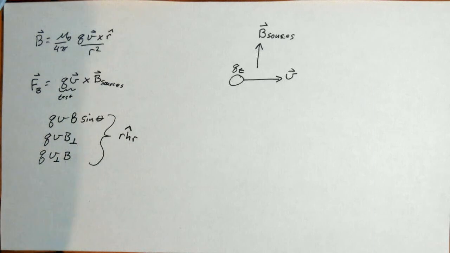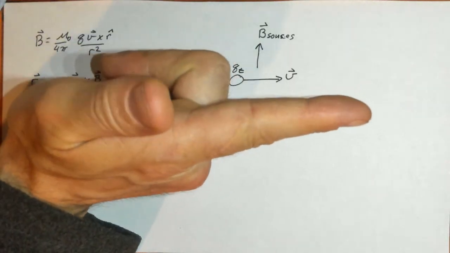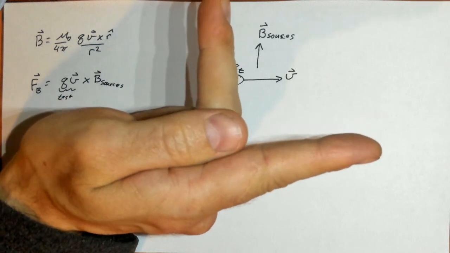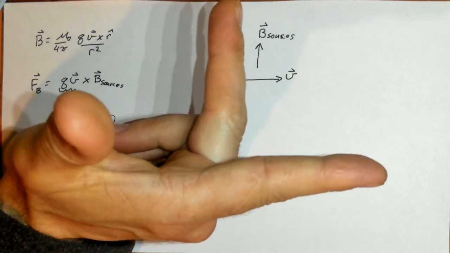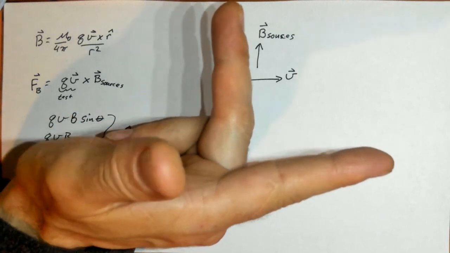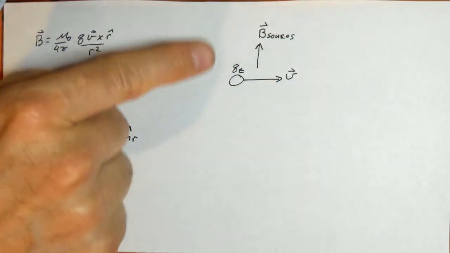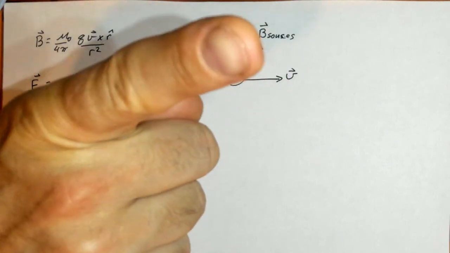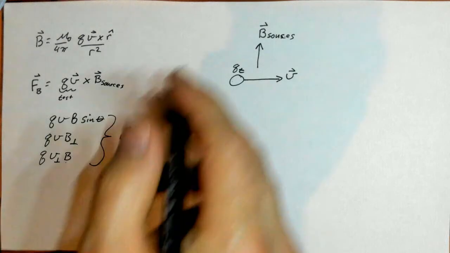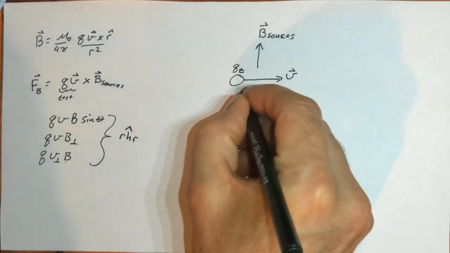Okay, so here comes my right hand. V is pointing that way, so here's my first finger. B is pointing up, which forces my thumb to point out at you. So if this was a real situation, that charged particle would curve up out at you because that's the direction of the force.